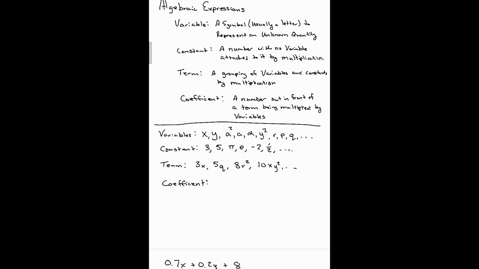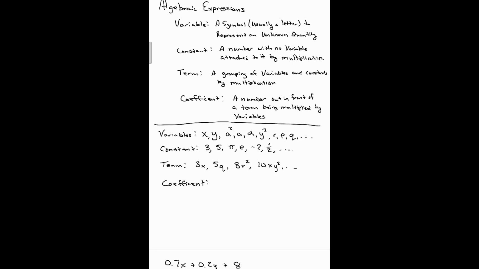So you have numbers attached to letters. That's what we mean by a term, a grouping of variables and constants by multiplication. Because this is 3 times x, 5 times q, 8 times r squared, 10 times x times y squared, and so on and so forth.